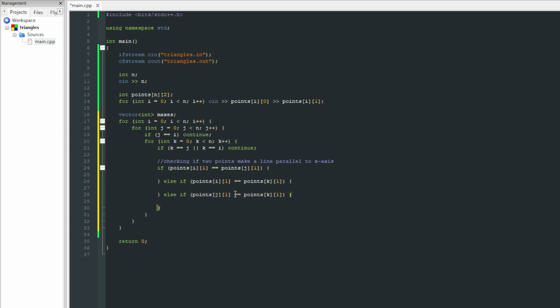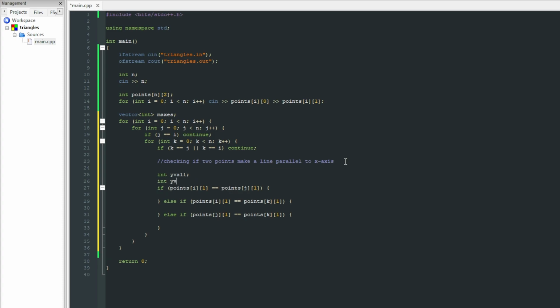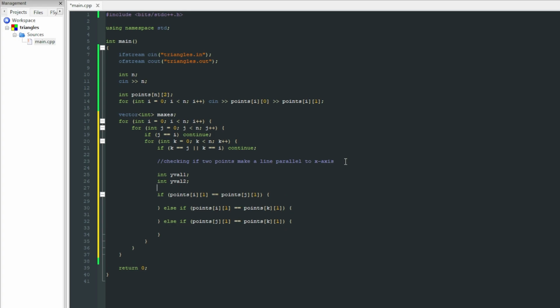The way we're going to do this is, if these are equal, then we're going to store their values in int yval1 and int yval2, and a Boolean, which is going to be yworks. In all of these, we're going to set yworks, defaulted to false. We're also going to replicate this for the x one. If yworks or xworks is false, then we're just going to instantly continue.